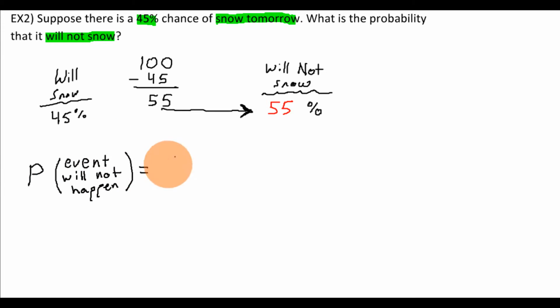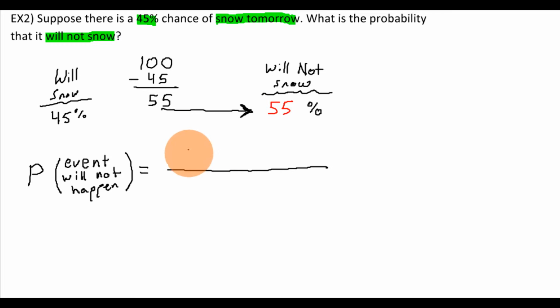So the probability that an event will not happen. Well, what is this equal to? Let's set up our fraction bar. So what should go on top here? Well, let's backtrack and think about other problems we've looked at in prior videos. We dealt with the probability of events actually happening, and the information that went on top was the number of favorable outcomes. But here we're looking at the opposite. We're looking at events that will not happen. Well, we can't look at the number of favorable outcomes.